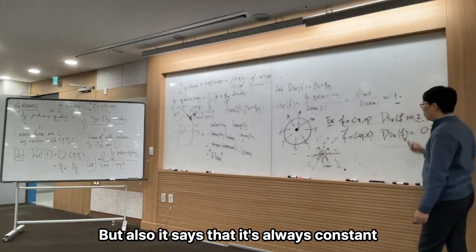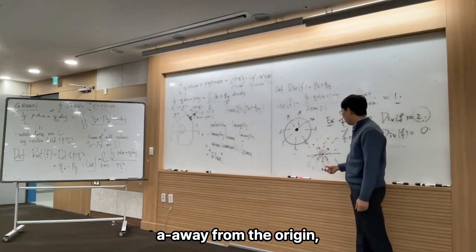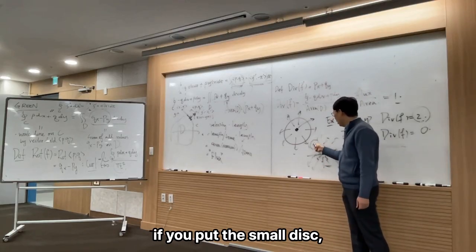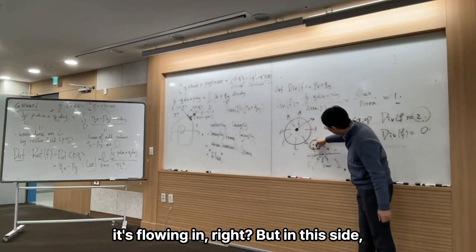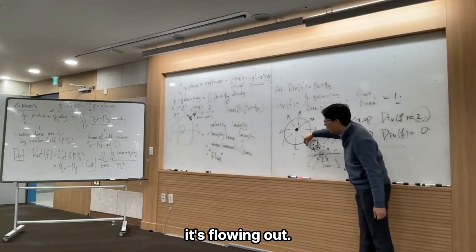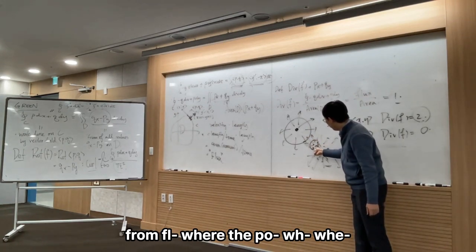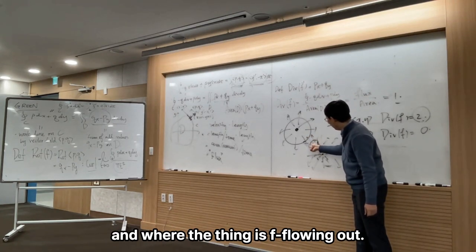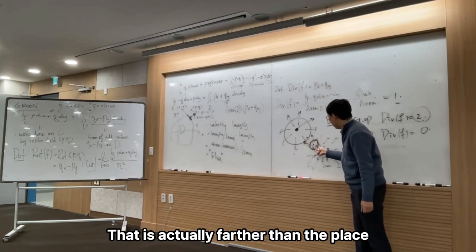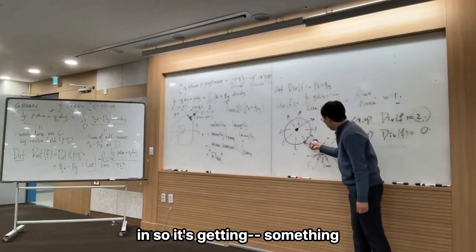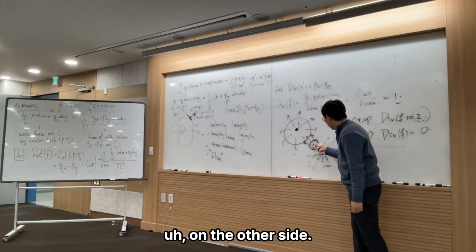But it's also always constant, no matter where you compute the divergence. Even if you put the small disk away from the origin, there are two sides. On this side, it's flowing in, but on this side, it's flowing out. And where it's flowing out is farther from the origin than where it's flowing in, so more is flowing out than is flowing in on the other side.